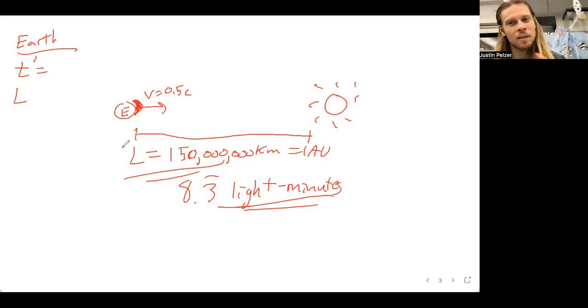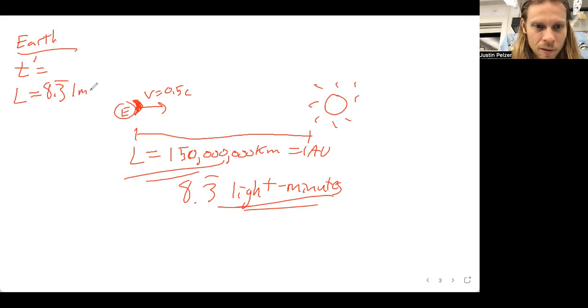Although space doesn't have, I don't know, you can think of it like a string attaching the Earth to the sun, right? L is 8.3. You can put the bar over it, but I'll just do 8.3 light minutes. I'll do 3 bar to be more exact. Light minutes.